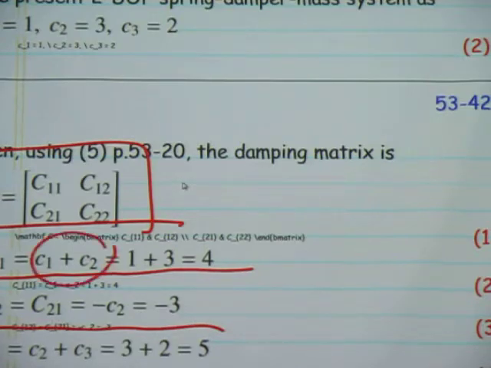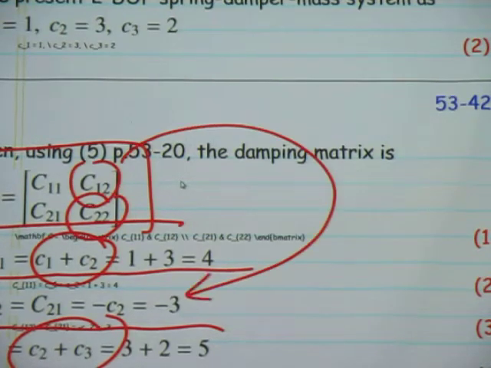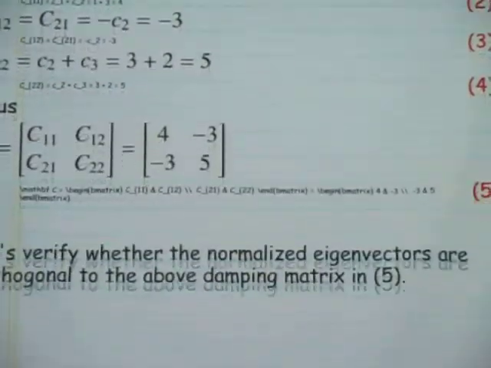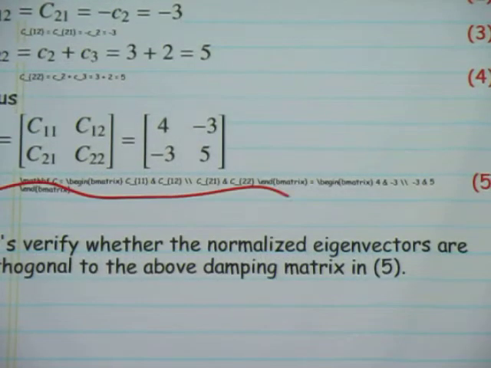C11 would be the sum of C1 plus C2, C22 would be the sum of C2 plus C3, and C12 would be minus the coefficient small c2. Okay, so that's the same that I have reviewed many times before, and you plug in the numbers.